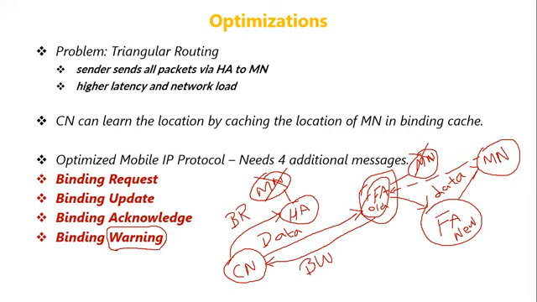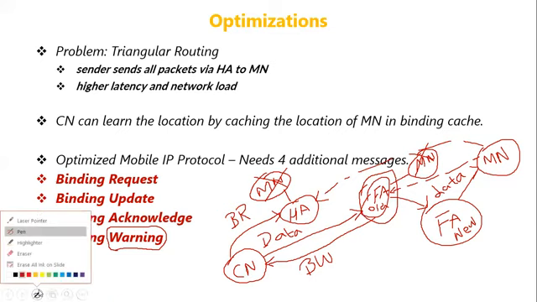Whenever the mobile node moves, it will inform the FA old, and also it will register with HA. All movement will be registered with HA. And it will inform the previous FA, right? So this is how binding warning works.